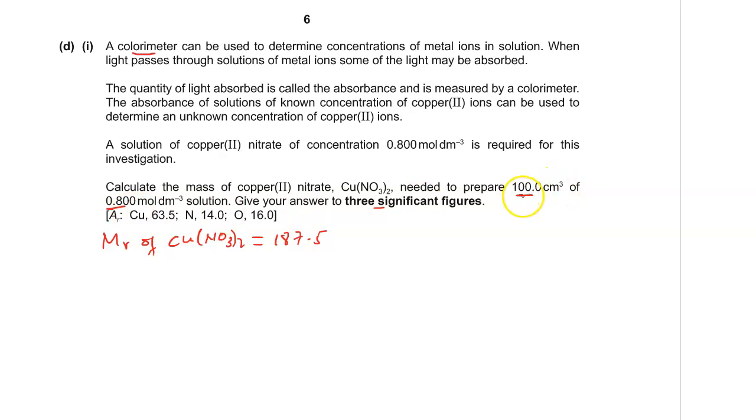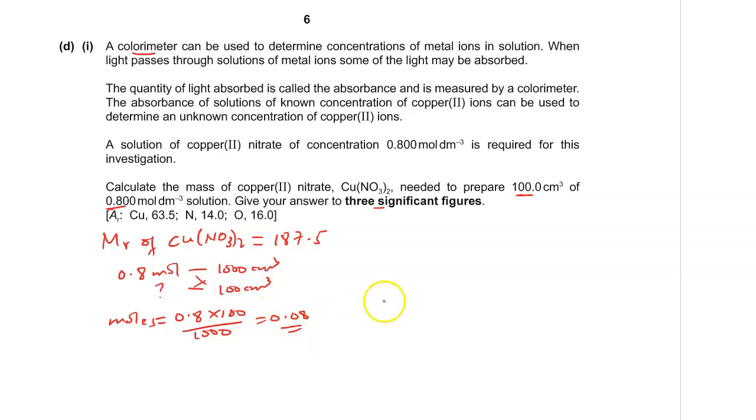Then we can get the number of moles that are in 100 centimeters cubed of 0.8 moles per liter solution. Of course, we know that 0.8 moles are in 1000 centimeters cubed. Then in 100 centimeters cubed will be how many moles? The moles will be equal to 0.8 times 100 upon 1000, and this will be equal to 0.08 moles. We need to calculate the mass of copper nitrate in that.